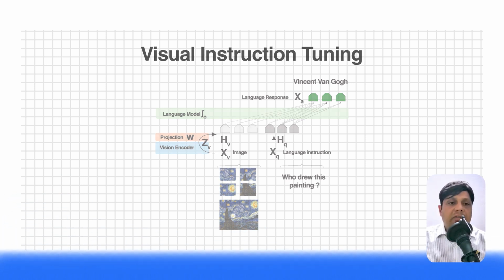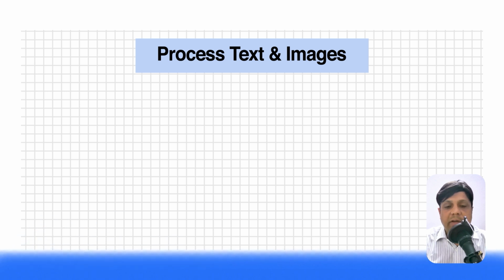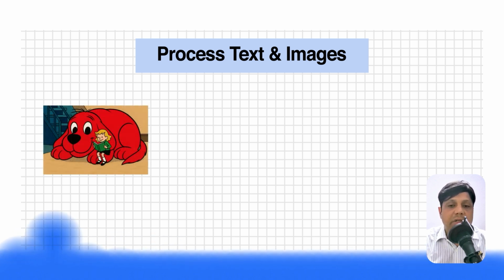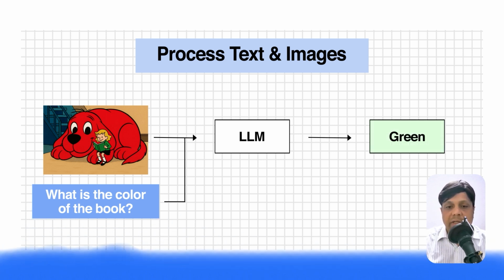Now, what are different applications of LLMs? We are already using basic applications of large multimodal models where we are processing images and text together. For example, we can give this image to the model and ask what is the color of the book, and the LLM can generate the answer: green.